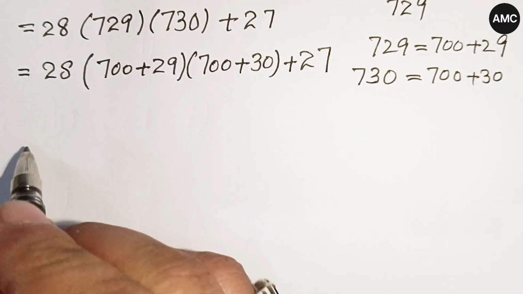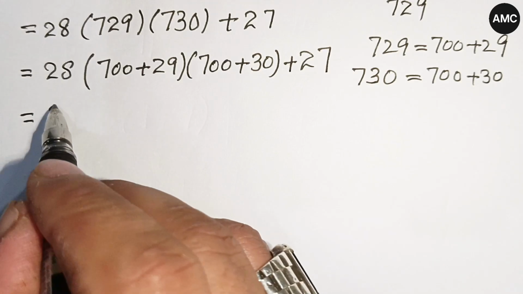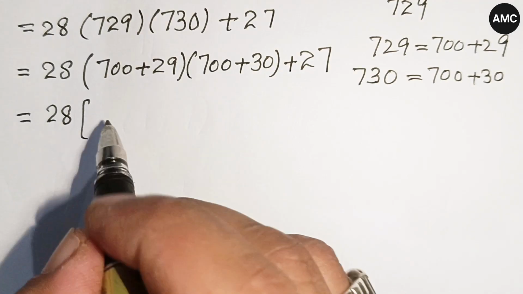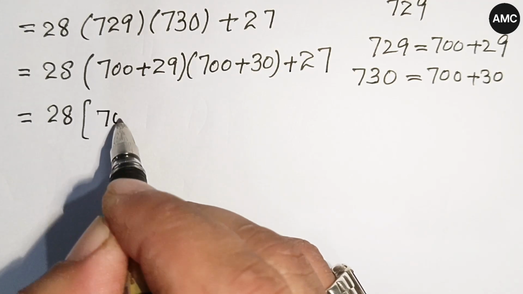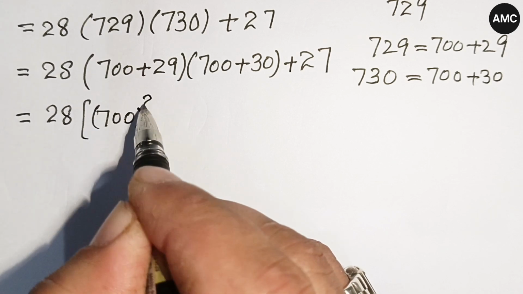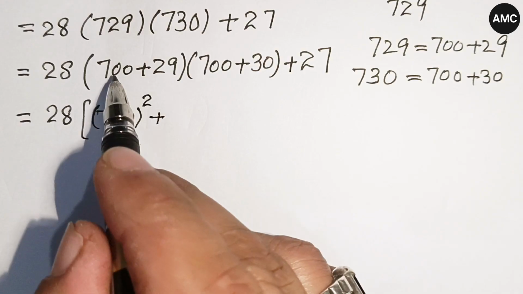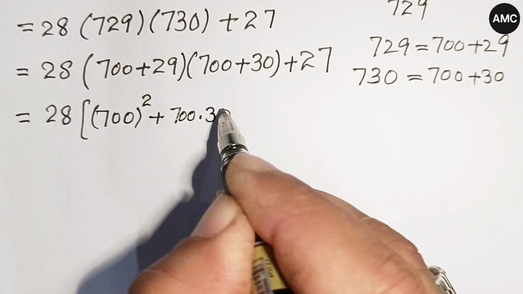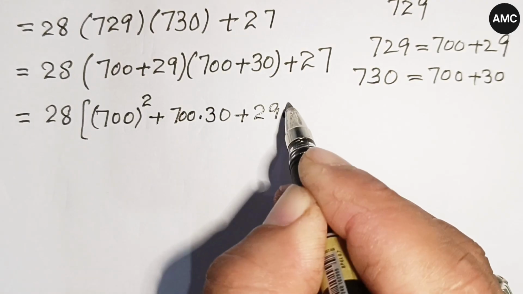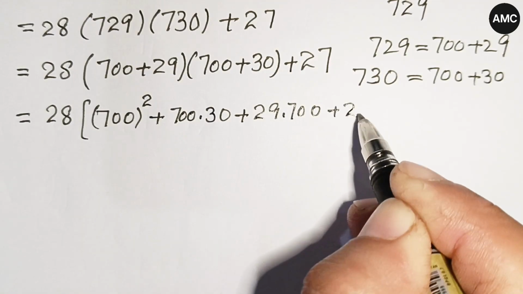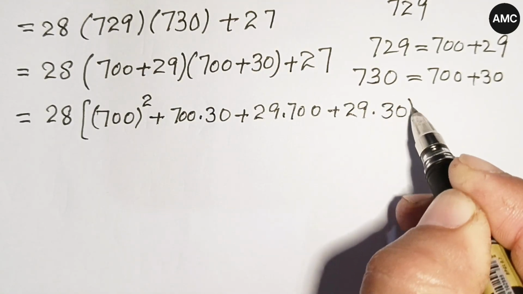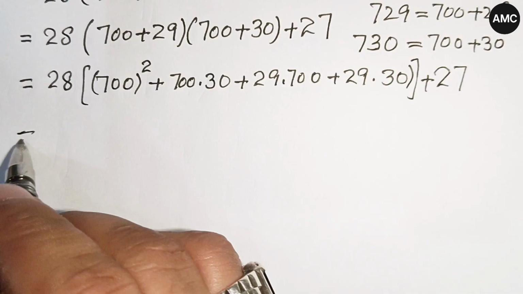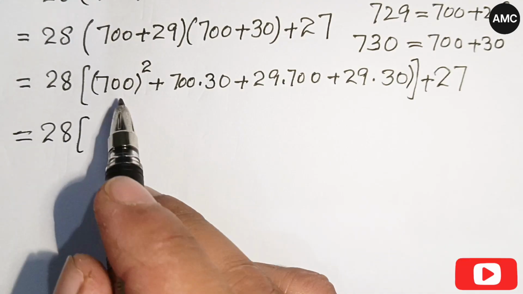Now our next step will be, if we multiply, 700 by 700 we get 700 squared. Here we have 700 squared, and plus 700 times 30, and plus 29 times 700, and plus 29 times 30, plus 27.